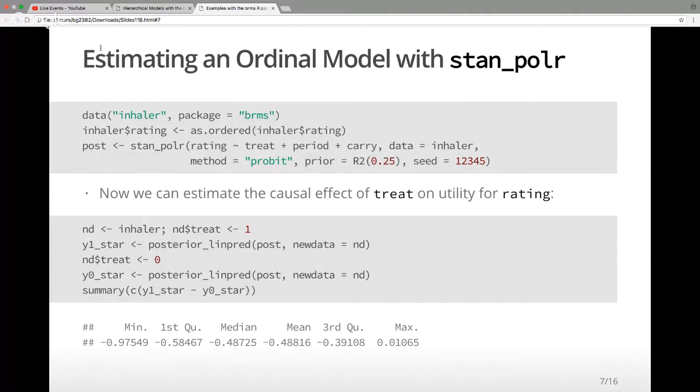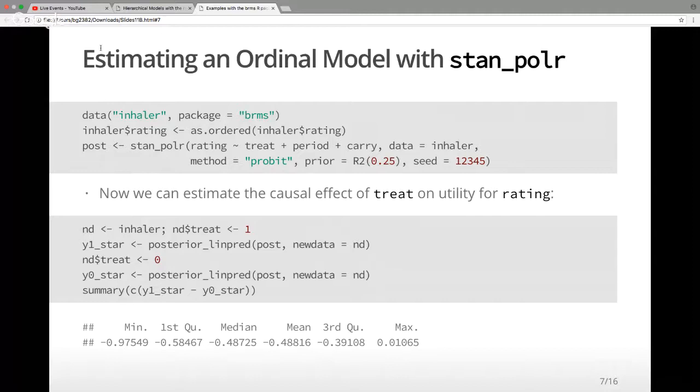In this case, the difference in utility is fairly far away from zero in the negative direction. I don't know whether 1 was the best rating or 4 was the best rating. Doesn't really matter. I suspect the former in any event. So the difference between those two tends to be negative.